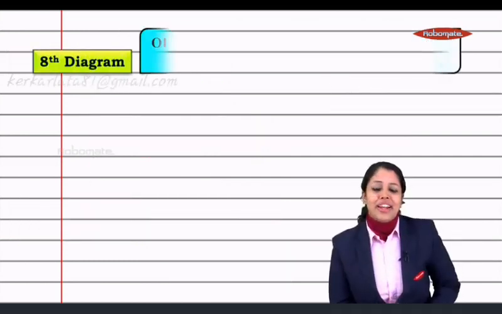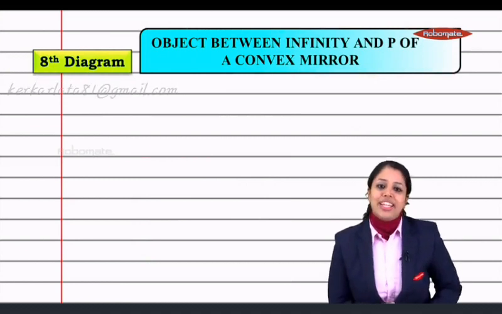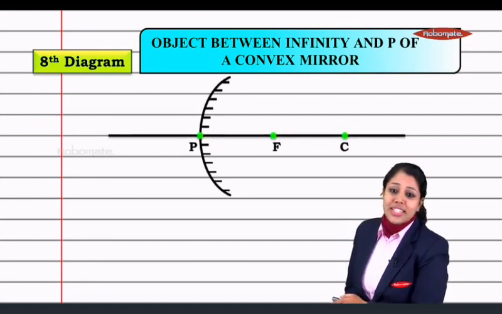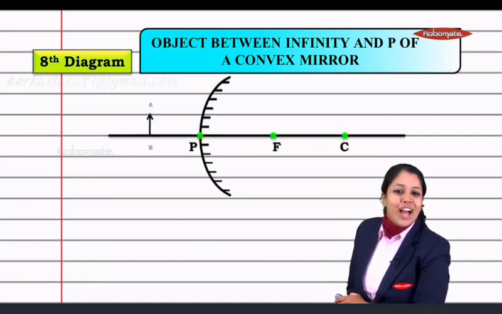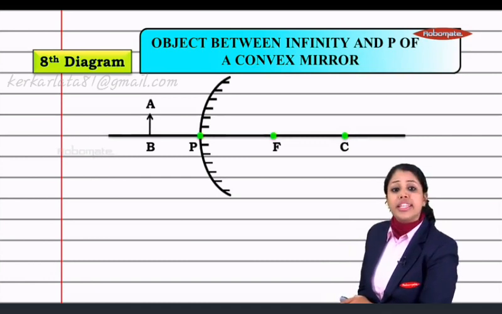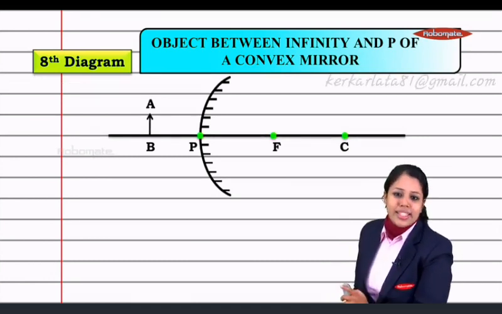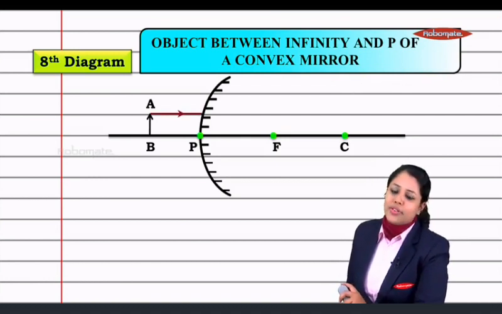Let's move further to the last ray diagram, where the object is placed between infinity and pole of a convex mirror. First thing, you make the base of the ray diagram, then we place the object. Now the object is placed between infinity and pole, that is behind the pole basically. Now you use the first rule.